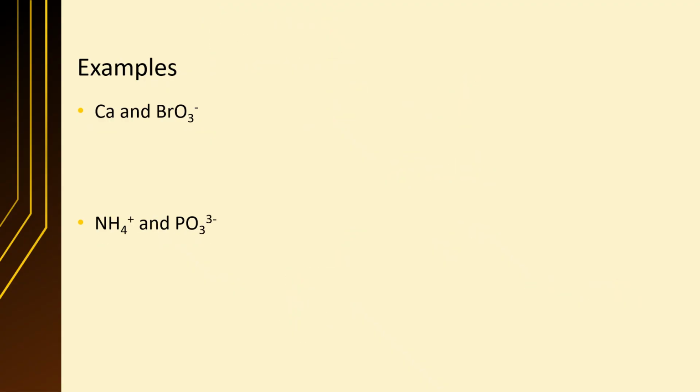Let's look at 2 more examples. Calcium this time. Calcium is in group 2 on the periodic table, so it forms 2 positive charges. Bromate, I told you here, is a -1 charge. It's not one of our common ones, but I gave you enough information to be able to solve the problem. Now, the charges do not match. I have a 2 positive and a 1 negative. I need an additional negative charge to cancel out the 2 positives.